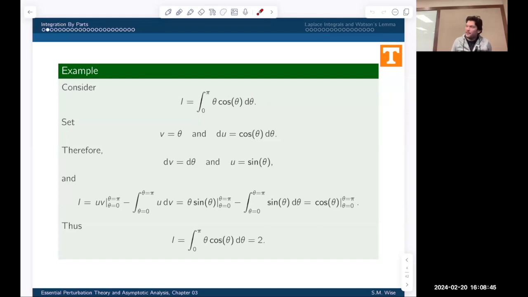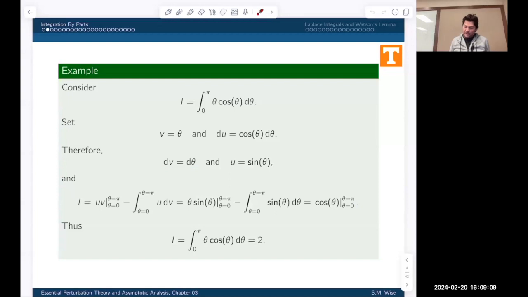I'm not going to go through the rigorous theory of integration by parts. We're going to use the notation that we all know and love. We're going to pretend that derivatives are just fractions of differentials, and we can divide them up. So dv d theta equals 1 means that dv equals d theta.